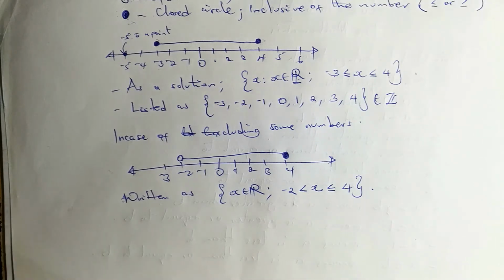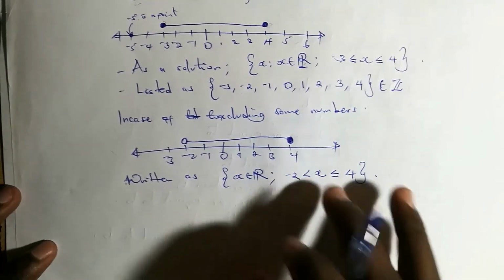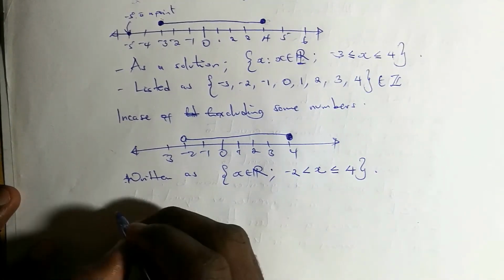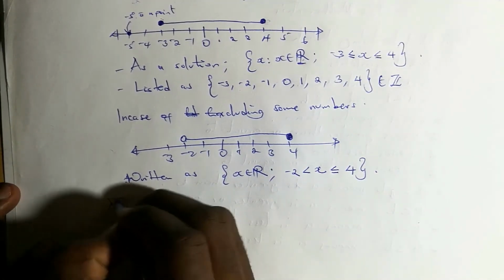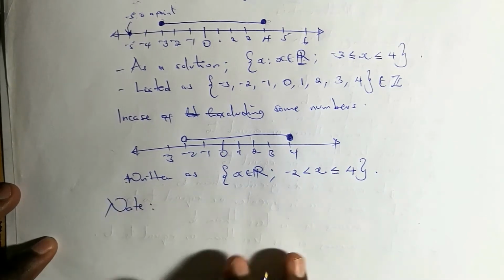That applies in case we want to include or don't want to include certain numbers or figures. And we also have another case here. We can make it a note.